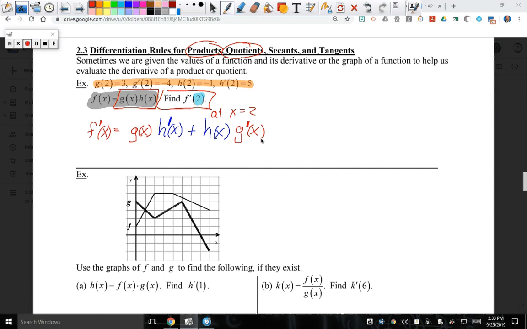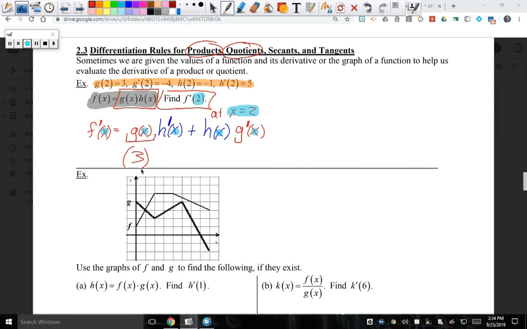Okay, Ryan, what do I do next? Plug in what? Oh, for sure. But our at moment is 2, right? So we're going to plug in 2 everywhere. Okay? So looking at this, like you were about to say, Ryan, what is g of 2? 3.